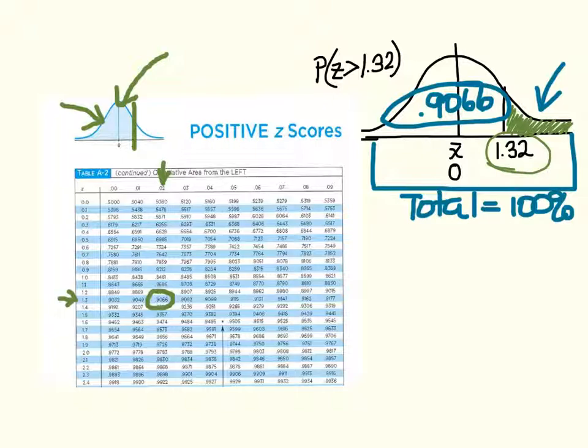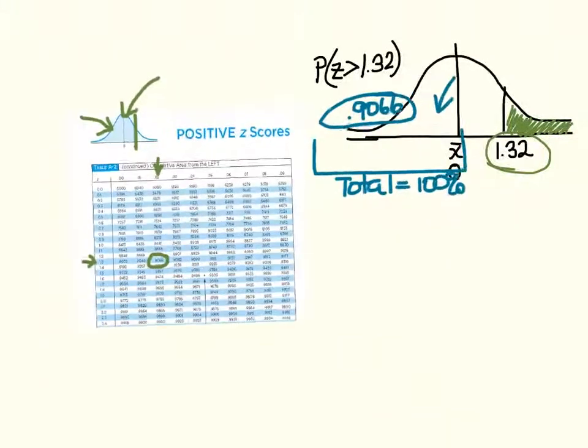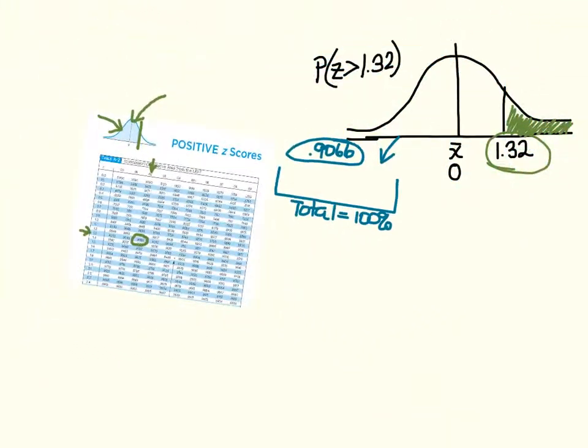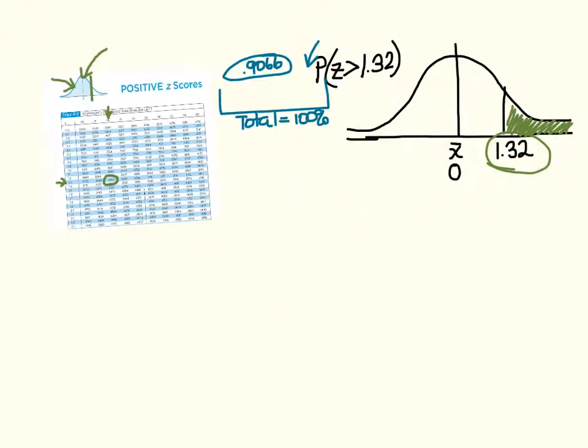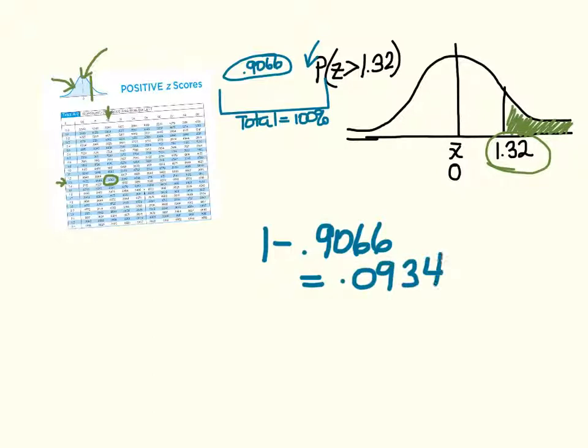So if I use that information and subtract from 1, I can say 1 minus 0.9066 equals 0.0934. That gives me the amount of area that is in this tail right here.